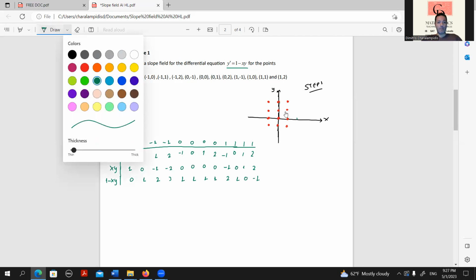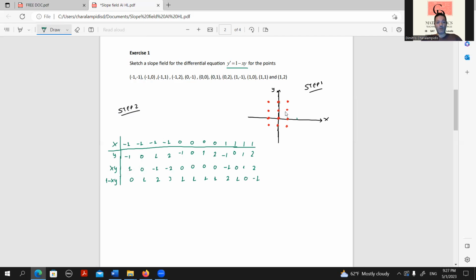Now, remember that each one of these last values represents slopes. So, at each one of these points, I will put small segments that actually represent these slopes. Let's begin with the easiest ones, which are these.